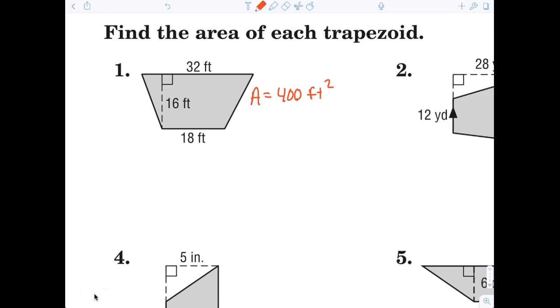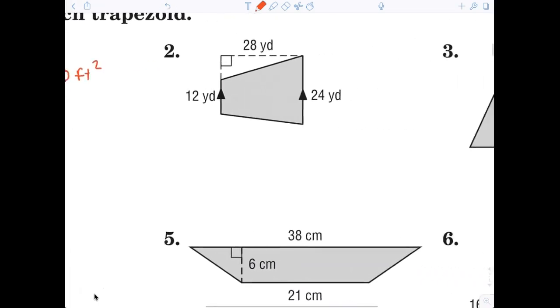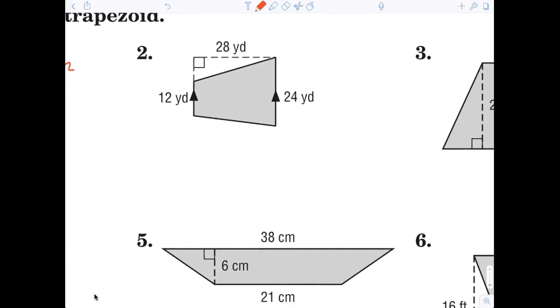So I'm on question number 2. Area is equal to 504 what? Squared. Come on now. Remember, get it right. You're measuring area with squares. It would be 504 square yards.